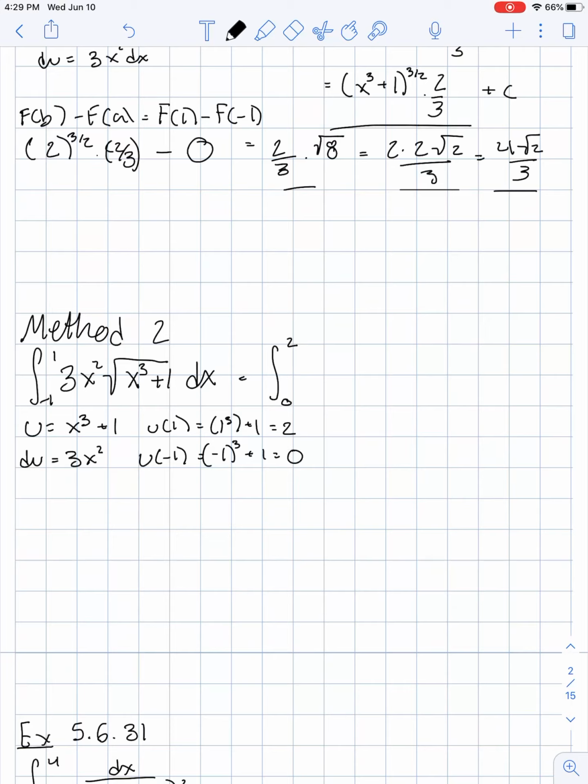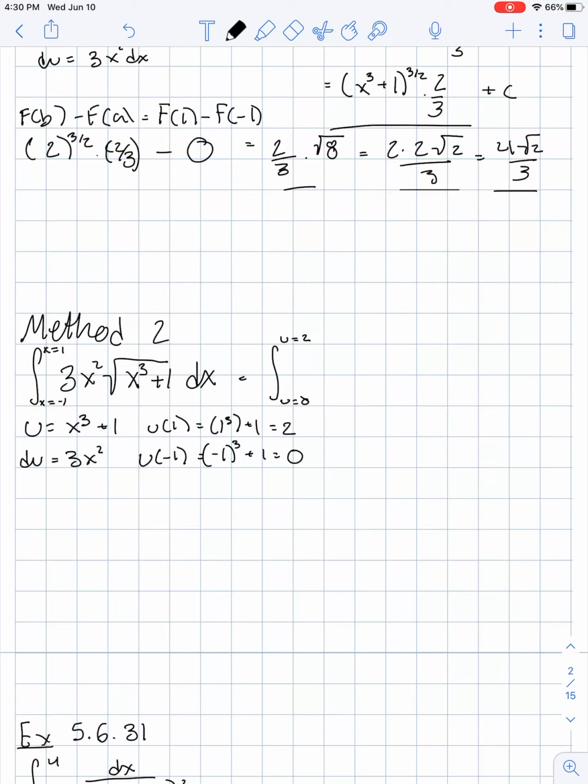All right? And we can take this one step further and call this u equals 2 and u equals 0. Because the whole time, when we first were starting, this was actually x equals 1 and x equals negative 1.